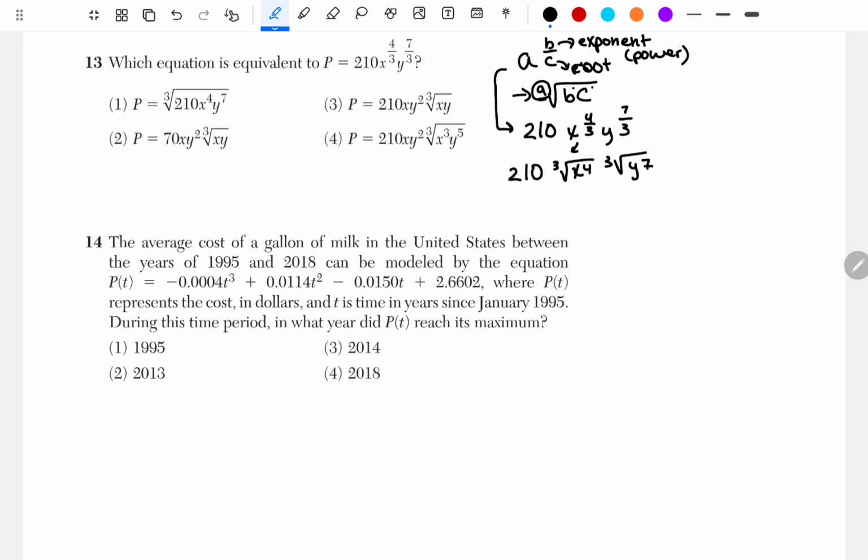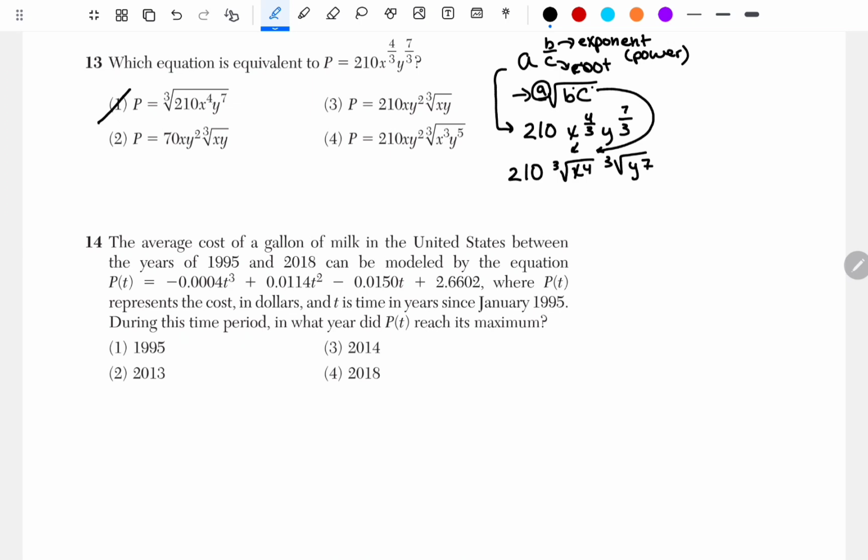The reason why answer choice 1 cannot be right is because at this moment they have different exponents, and the 210 does not have a root. So we know that answer choice 1 cannot be it. Now let's keep going. We do that part, and then we're going to apply this rule right here.